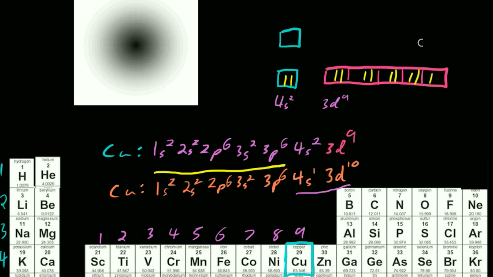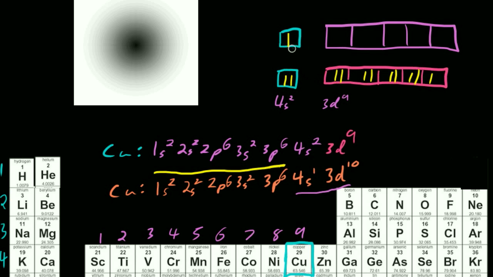I'll draw both of these orbitals again. So if we have 1, 2, 3, 4, 5, there's more stability if we were to rearrange these electrons. We would have a half-filled 4s shell, which again, it's more stable to have a completely filled 4s shell.